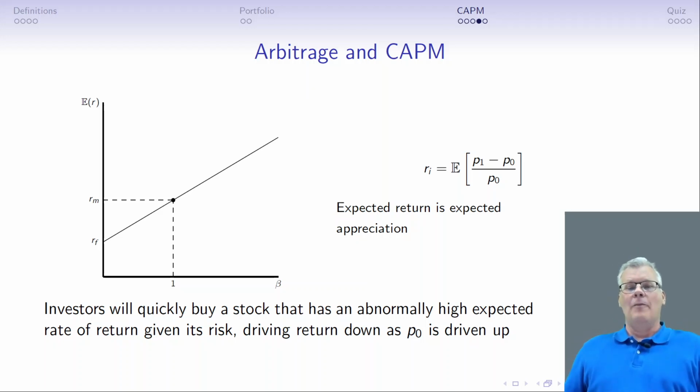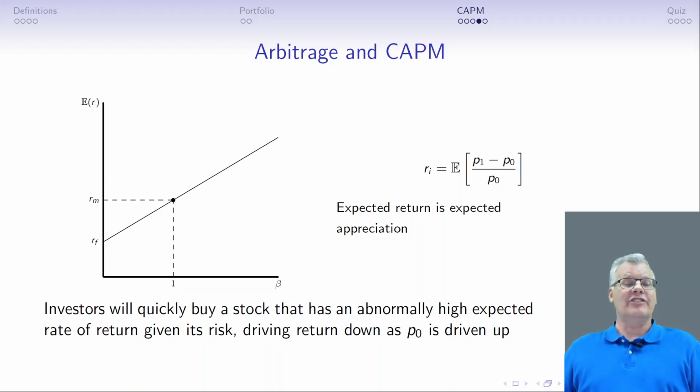Okay. Now, this line represents, in essence, the efficient market, the market in equilibrium. And if we plotted stocks or mutual funds or indexes on this graph, we would have a scatter cloud of points around this line.